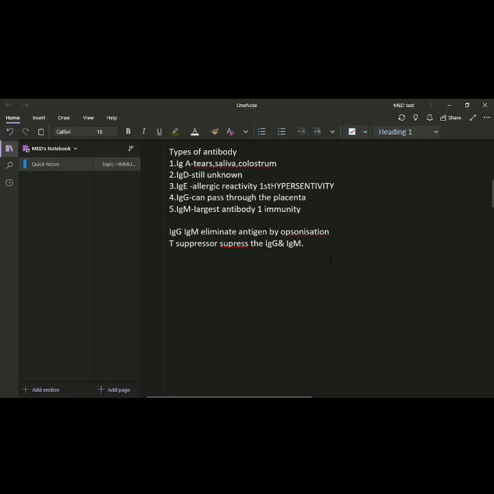Alright, having said this, now we will go to the disorders. Primary immune deficiencies, and we will conclude it. The primary immune deficiencies, first of all, we will look at humoral immunity deficiency.